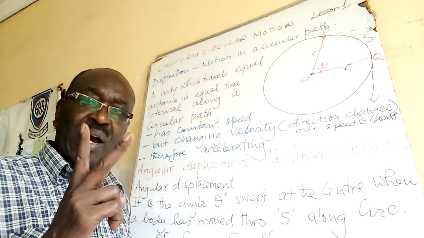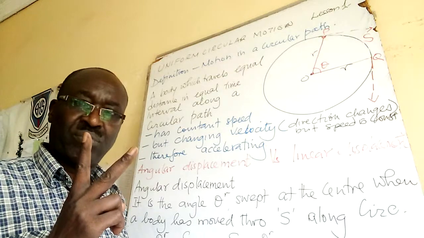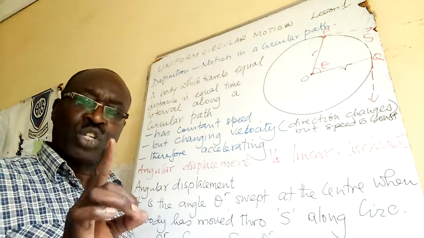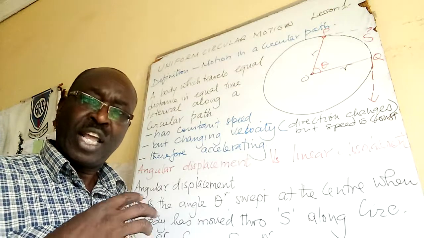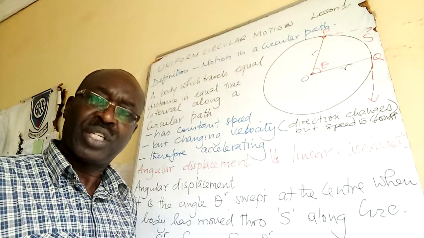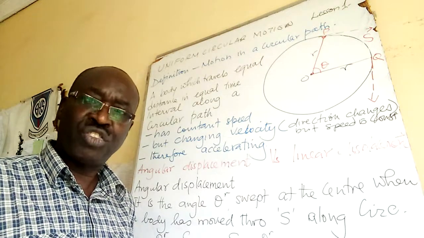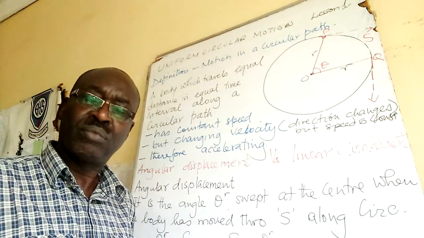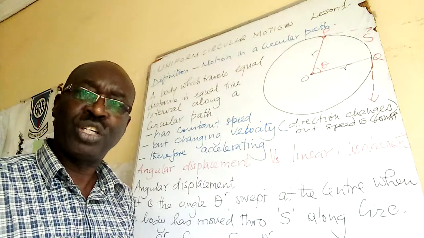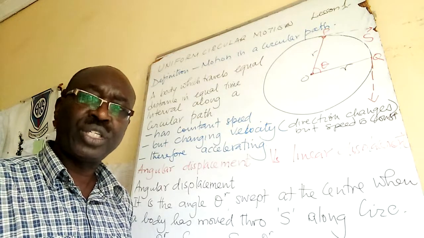Velocity is made up of size and direction. Why? It is a vector quantity. So what am I saying? If velocity is changing, it means either the size is changing or the direction is changing, or both are changing.